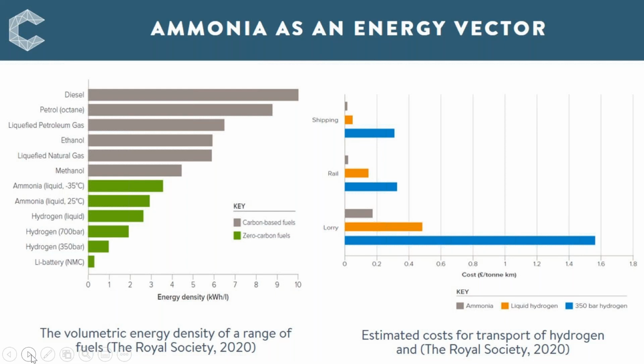This makes ammonia an attractive candidate as a hydrogen carrier, a medium for energy storage, and a fuel. Ammonia is increasingly recognized by many people as an enabler of a hydrogen economy. The study focuses on ammonia fuel use. Next slide, please.